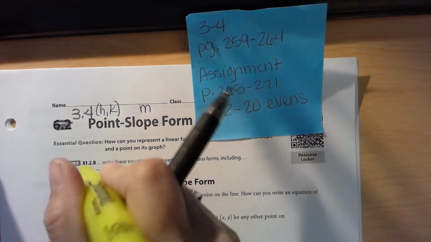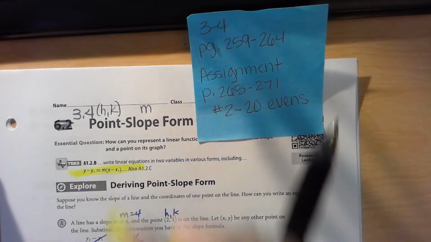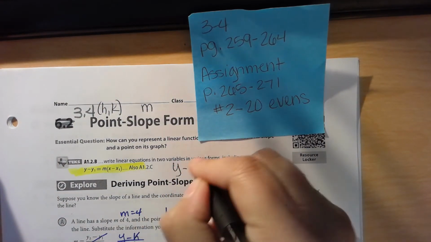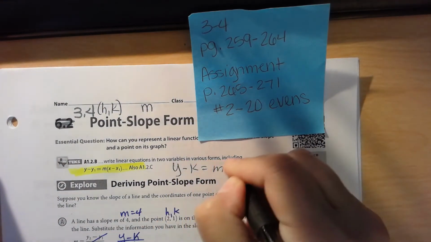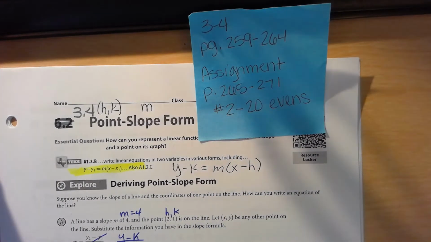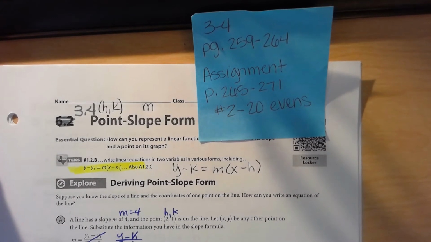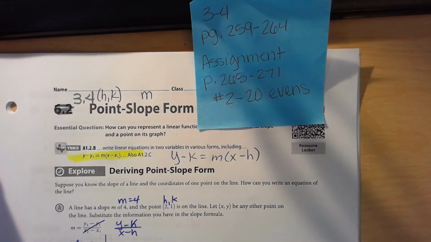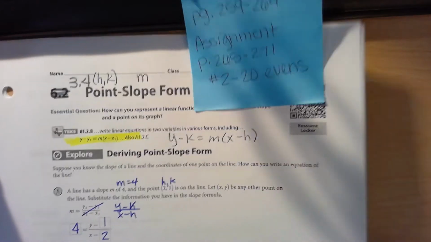The basic formula, the one that you see on any chart, will always be that, but we're going to rewrite it as Y minus K equals M times X minus H. That way we're always using our second point when we don't have the M, and if we do have the M, we'll just call it HK every time. That way we don't have two X's and two Y's in our equation.